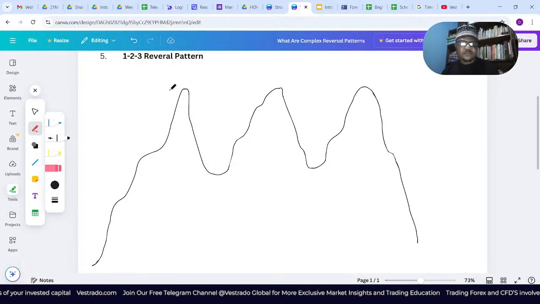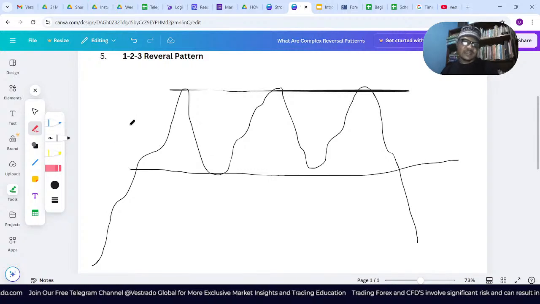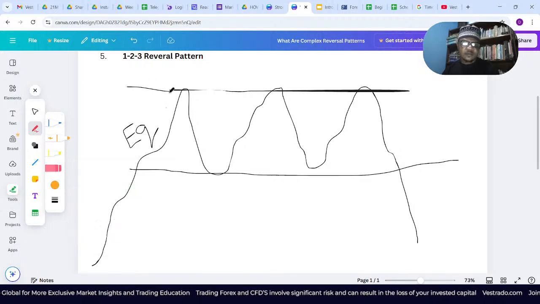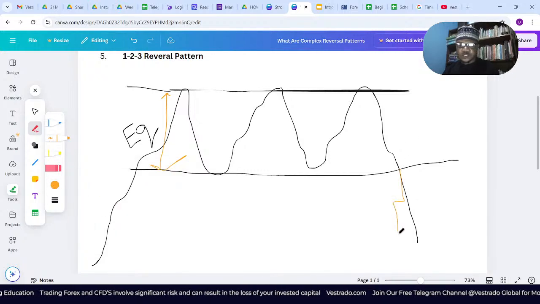What do we have? We have resistance here. We have the neck right here. And this is the zone of equilibrium between this guy and this guy. Now, if price breaks past the neck significantly going down, we could see this as a selling point.